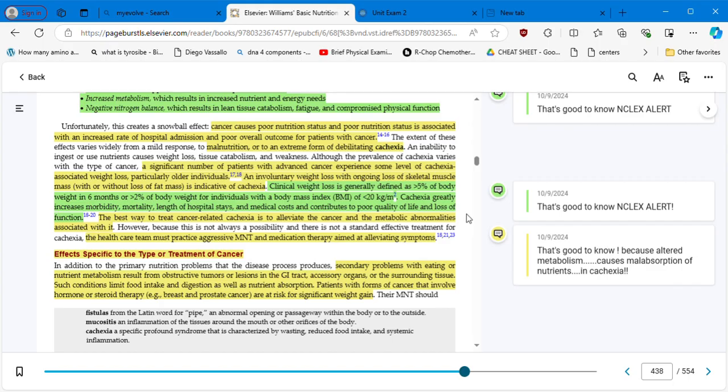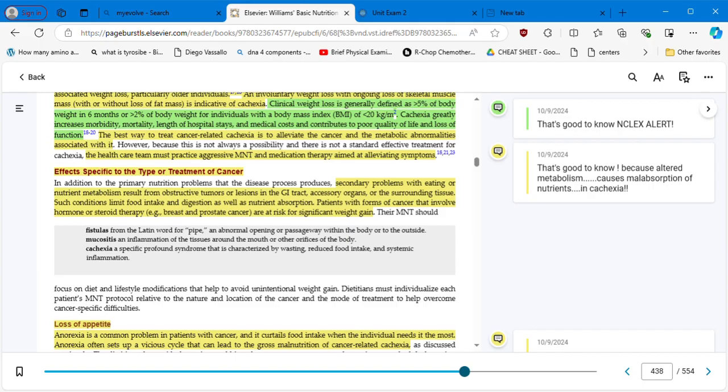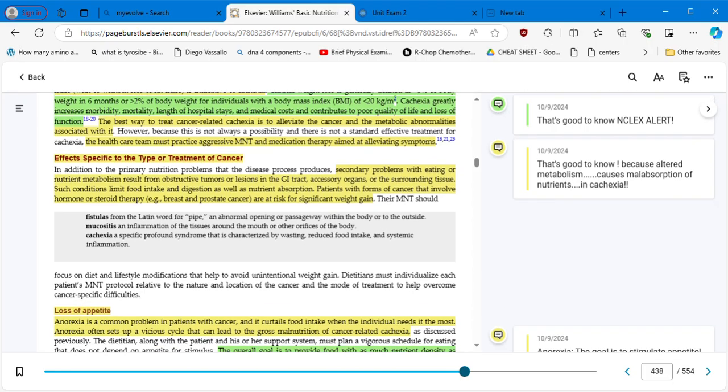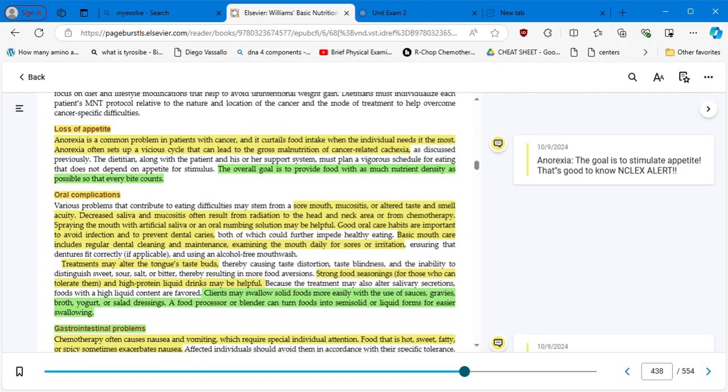So fistulas, you have mucositis, and cachexia, a specific profound syndrome that is characterized by wasting, reduced food intake, and systemic inflammation. So let's move to loss of appetite. That's good to know. And NCLEX alert. Anorexia is a common problem in patients with cancer.